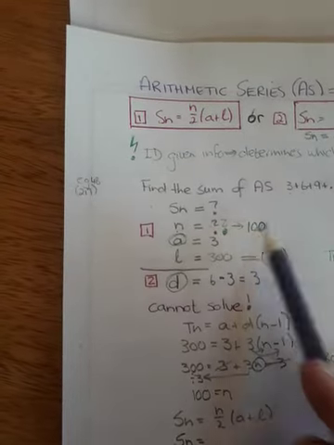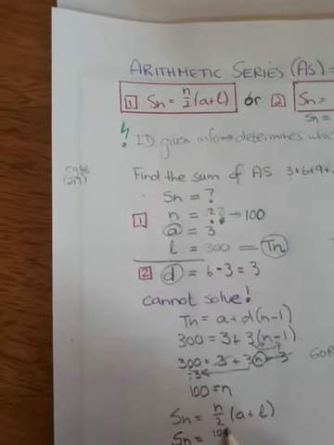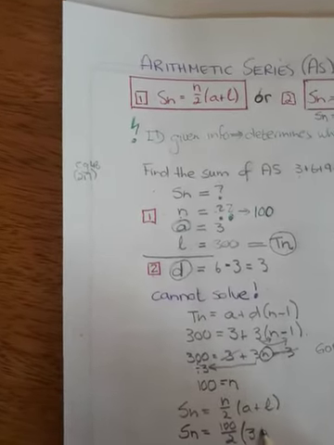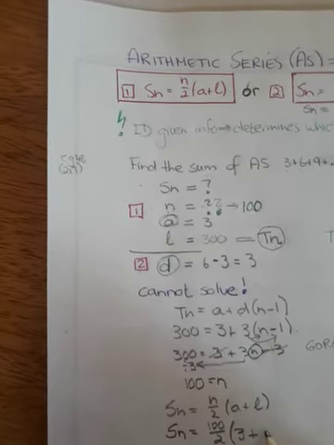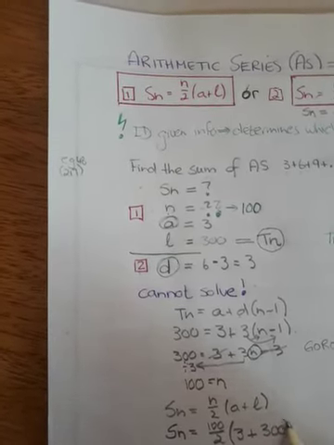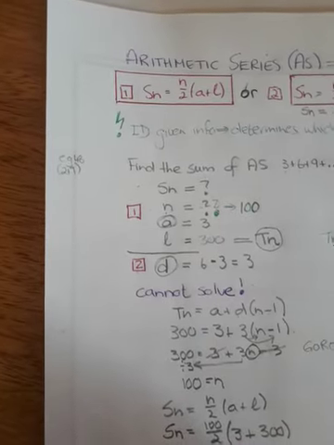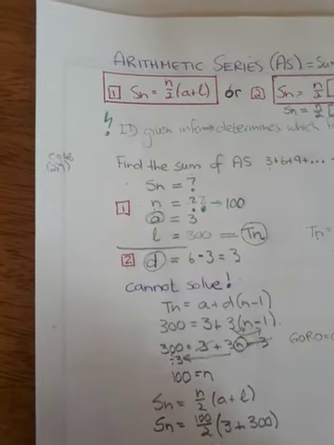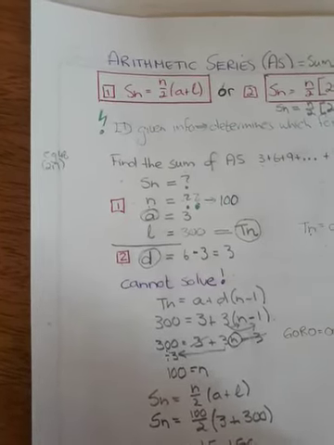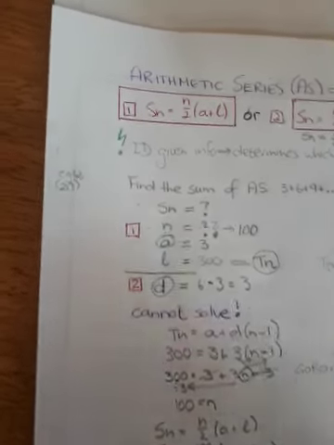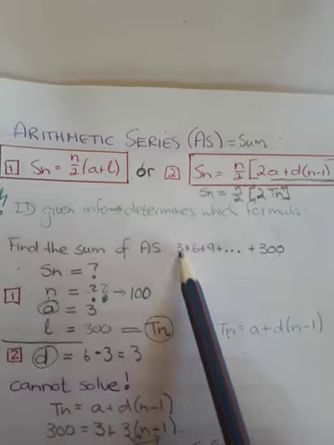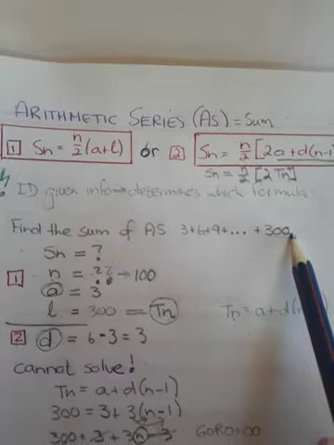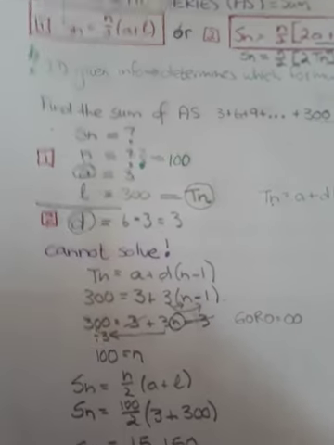We have just calculated the position, which is the hundredth. Divide by 2, substitute the a as well, and the L, which is 300. Then if you put this right-hand side into your calculator, you will get a final answer of 15,150. So the sum of this series, starting at 3, having a common difference of 3, and ending at 300, will be 15,150.